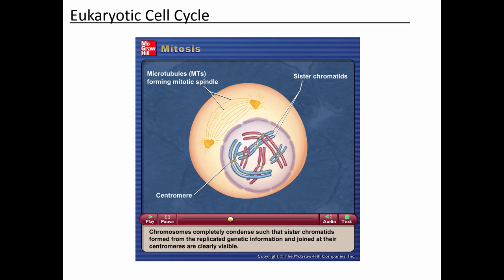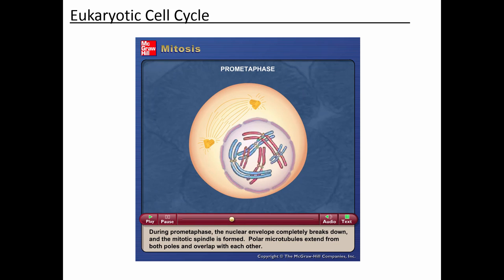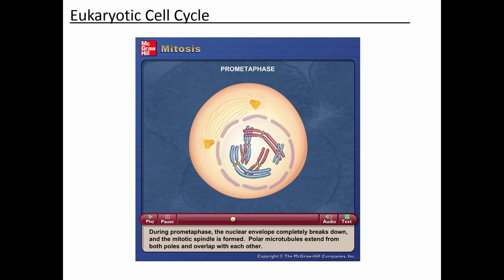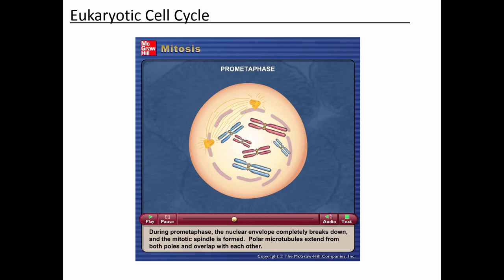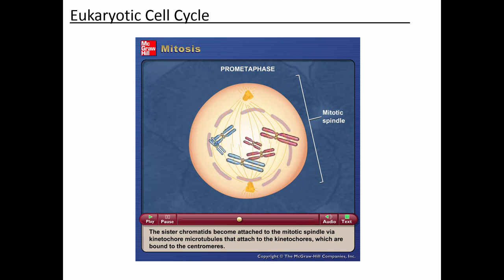During prometaphase, the nuclear envelope completely breaks down and the mitotic spindle is formed. Polar microtubules extend from both poles and overlap with each other. The sister chromatids become attached to the mitotic spindle via kinetochore microtubules that attach to the kinetochores, which are bound to the centromeres.